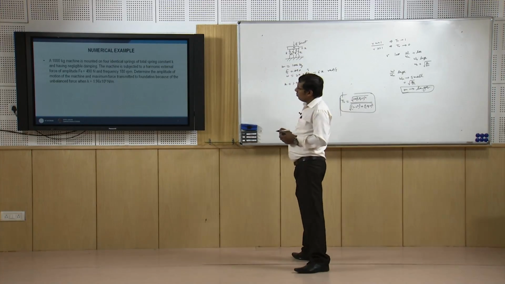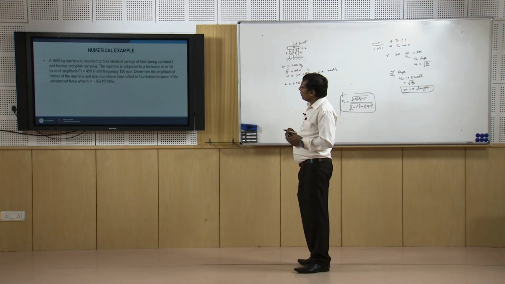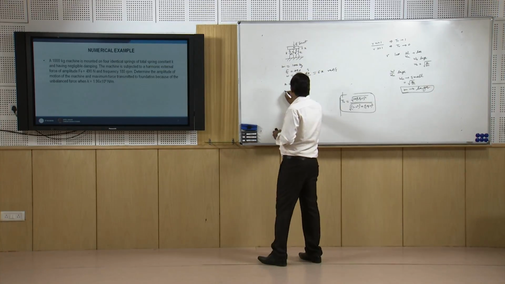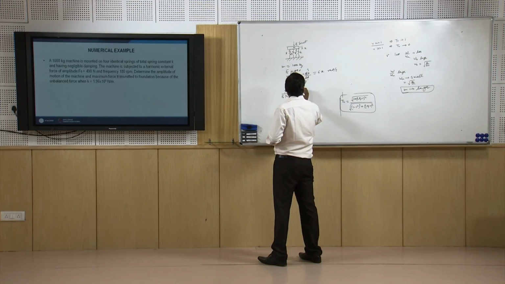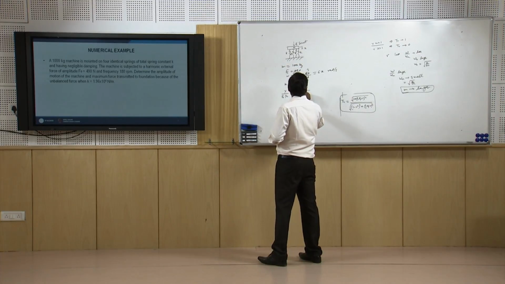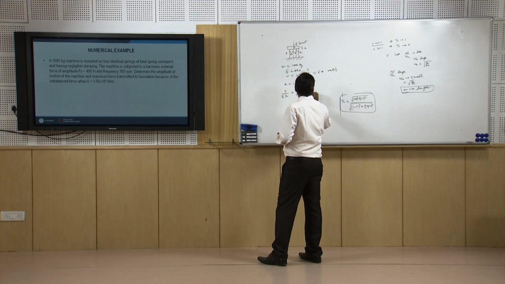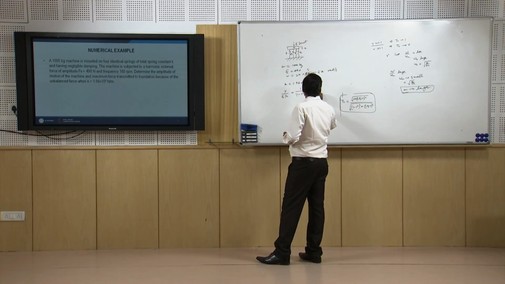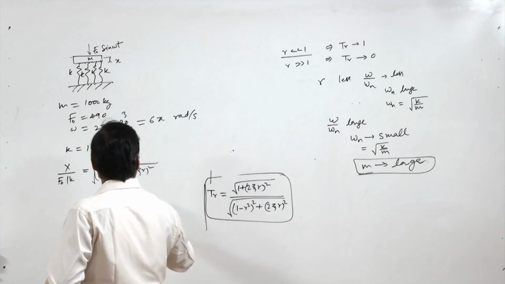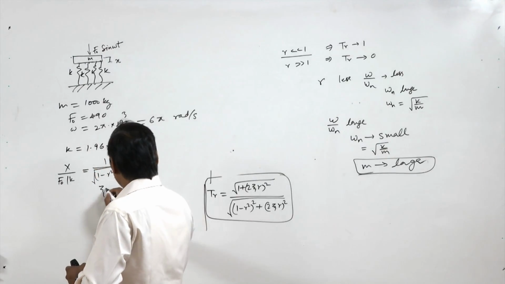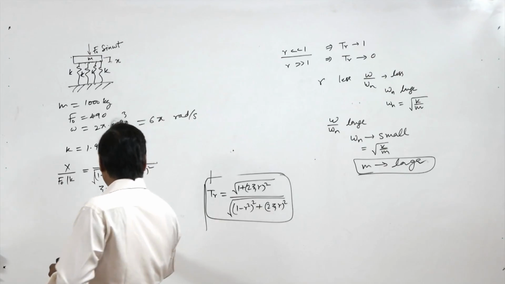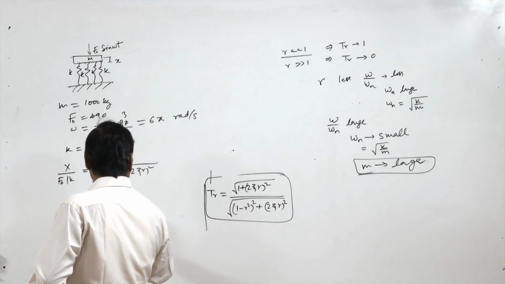First we have to find the amplitude of motion. For this we have the formula x upon F0 by k equal to 1 upon the square root of (1 minus r square) whole square plus (2 zeta r) whole square. Now zeta is 0, because we have negligible damping, so it is 1 by 1 minus r square.